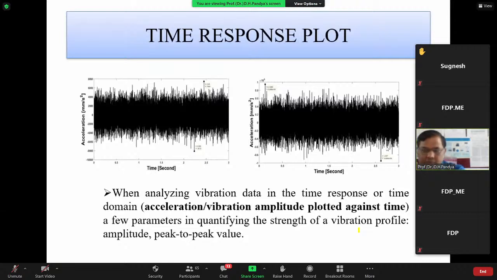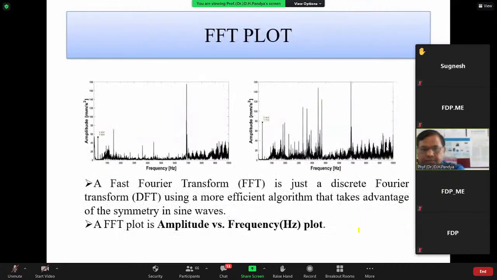In that plot we have the peak value, average peak value, and peak to peak value. Then the FFT is a discrete Fourier transformation using a more efficient algorithm that takes advantage of the symmetry in sine waves. So FFT is known to us.